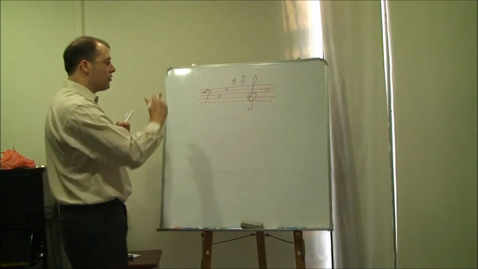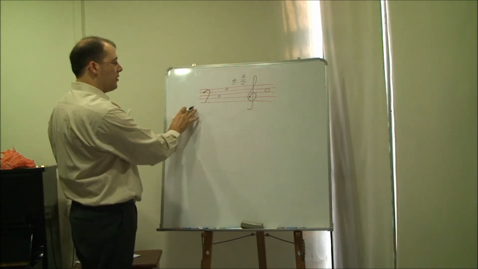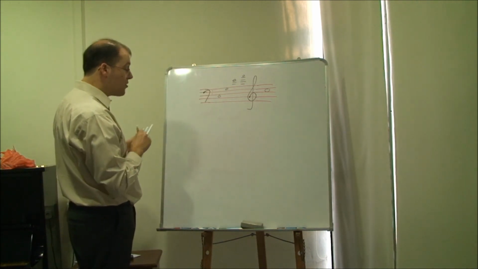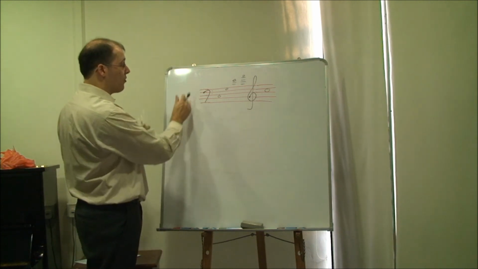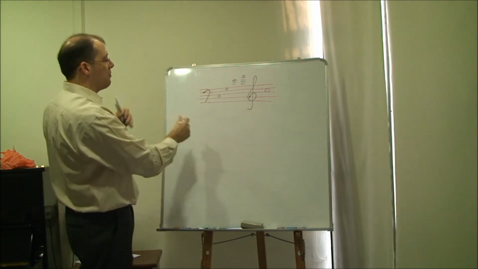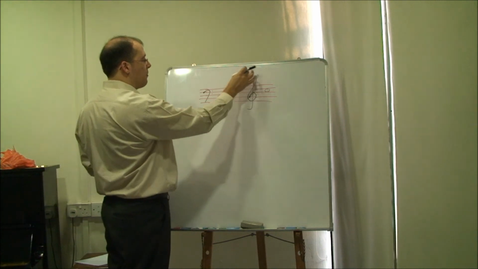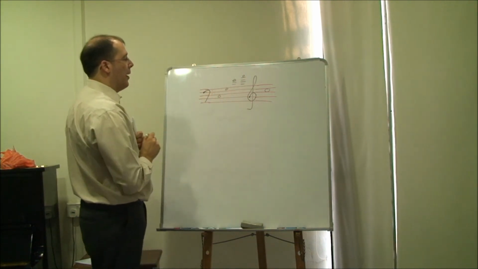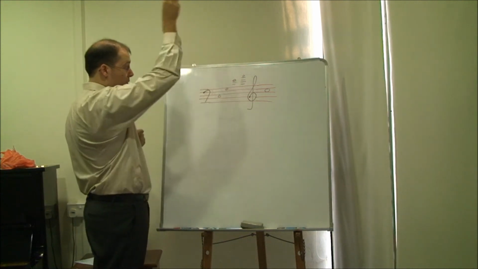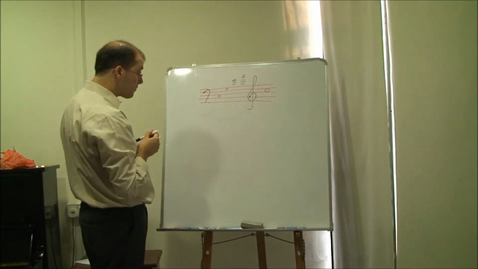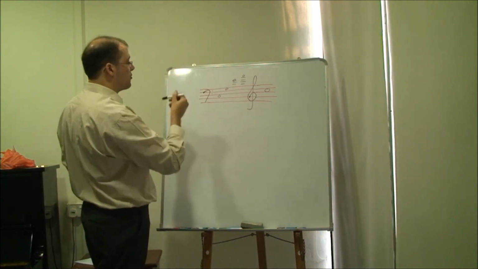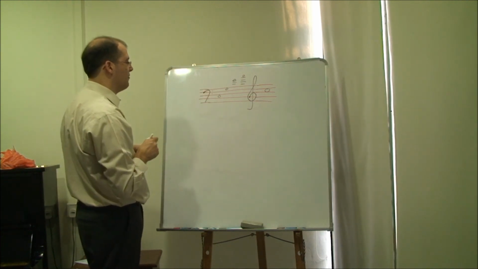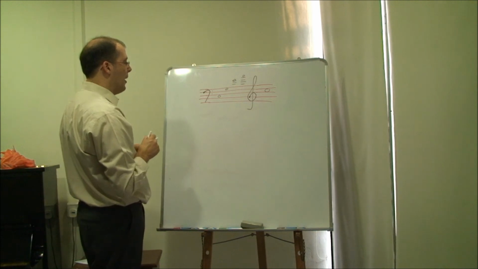Of course, part of the reason also is in the days when the system was being developed, manuscript paper was quite expensive, so you didn't want to waste manuscript paper by having to skip over a line of ruled lines, because you had a note that was flying up in space over there. So to conserve paper, you just change the clef. There's probably the more precise reason for why this happened.